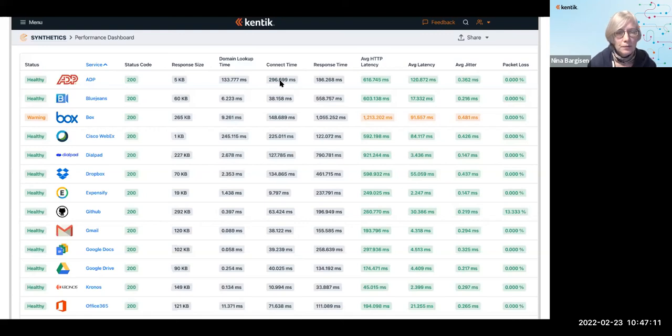The global agents here are testing the services from a number of locations throughout the world. So it is a way that we will show if there's a general problem with the service or whether the service problem that you were detecting from the private agent test is actually pointing to your network. And you can then dive into the data that you're getting from that test and see where the problem is.